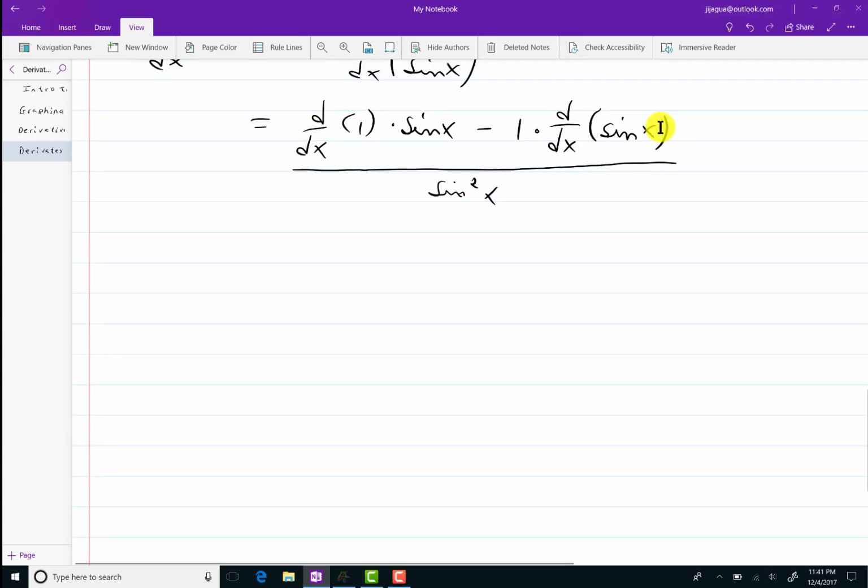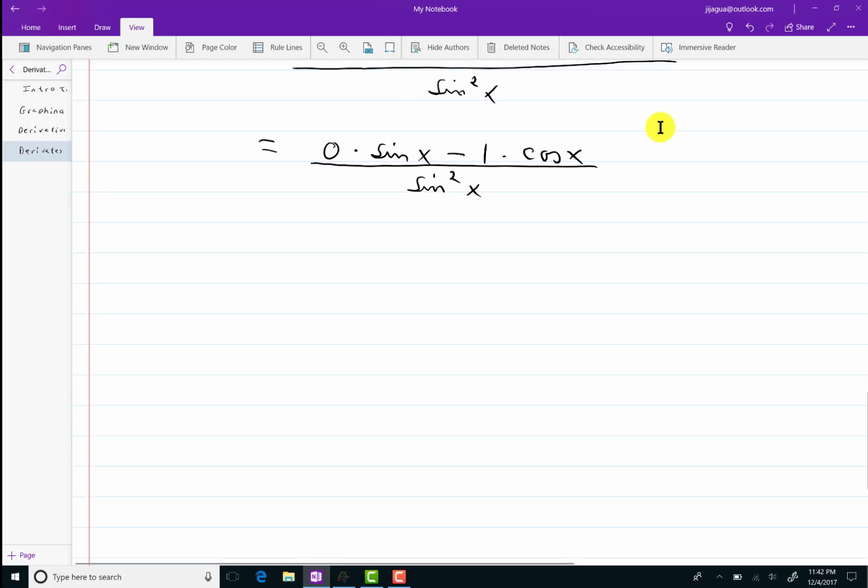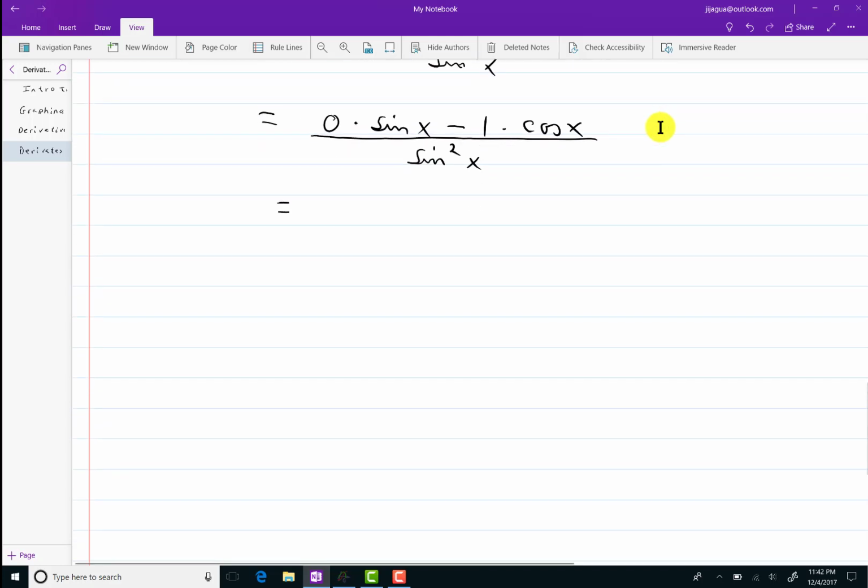So let's simplify this numerator. D over dx of 1 is 0, so I get 0 times sine of x minus 1 times the derivative of sine of x, which is cosine of x. All of that is over sine squared of x. And this cleans up to be negative cosine of x divided by sine squared of x.